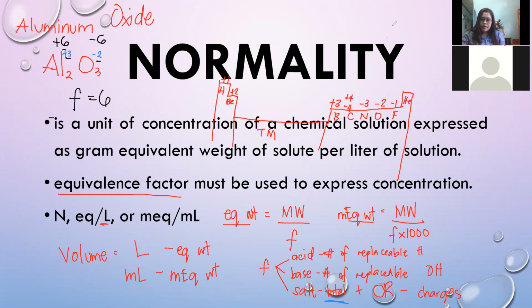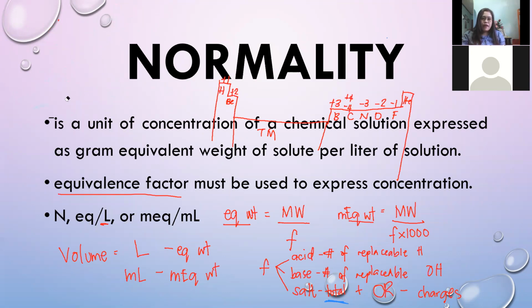Questions? None? So our salt, class, is not limited to elements, to binary compounds. It can also be tertiary compounds. When I say tertiary compounds, those with polyatomic ions. Just like sodium bicarbonate.